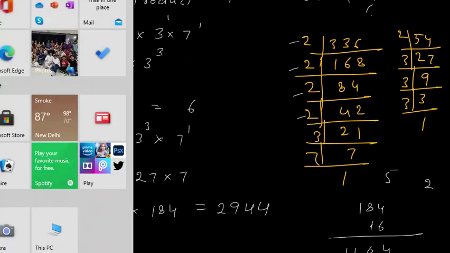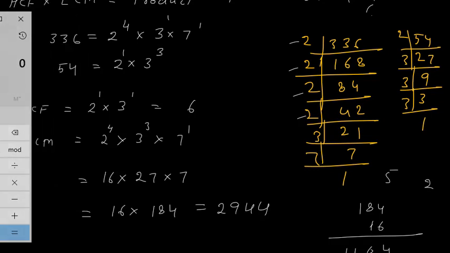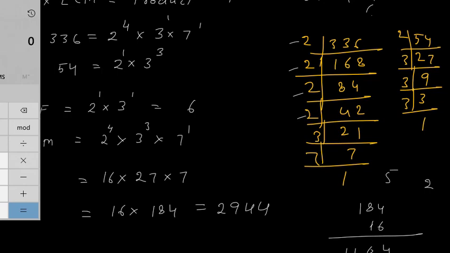Okay, for that I will use the calculator. Now 2 to the power 4, that is 2 into 2 into 2 into 2, into 3 into 7. This is 336. Okay, that is perfectly all right. Then we have 54. Now this 54: 3 times 3 is 9, 3 times 9 is 27, into 2, 27 into 2 is 54.